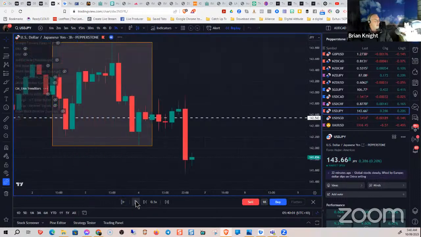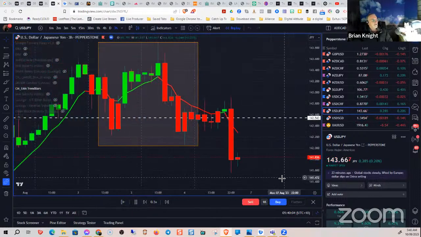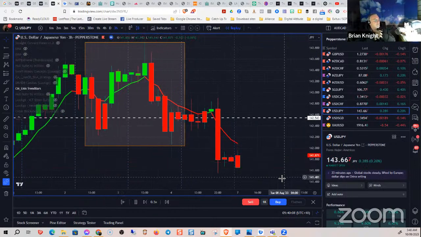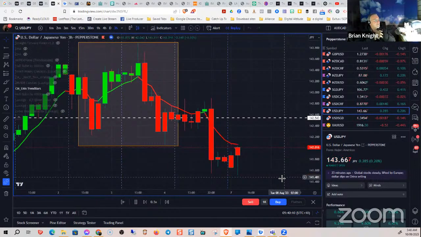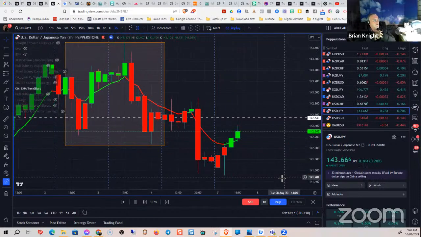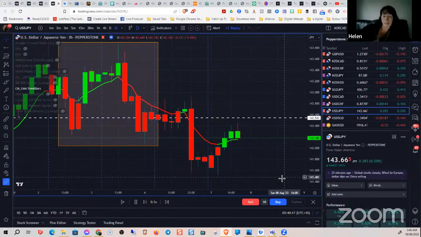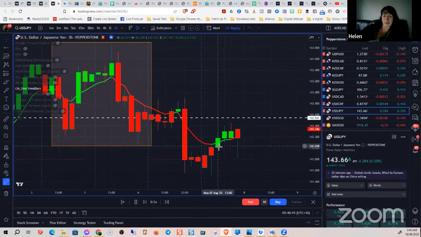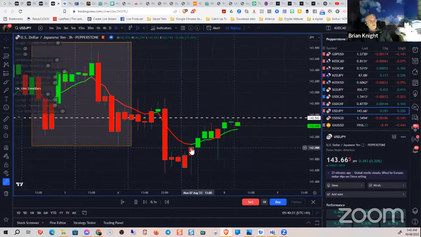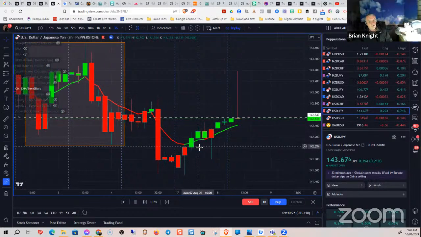There. Let's see. No, it was on the next candle. It was the beginning of the next candle, wasn't it? But it kind of backdated it to the previous candle. So it was when that candle finished and this candle started.